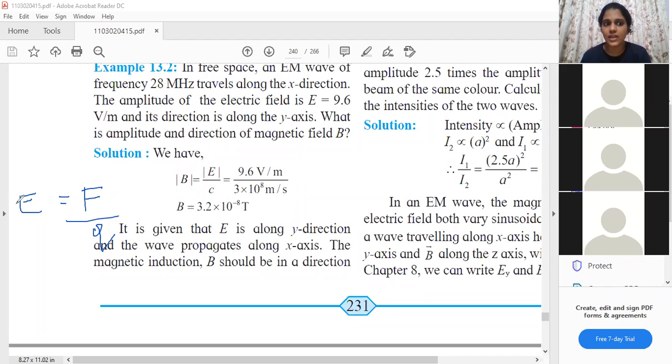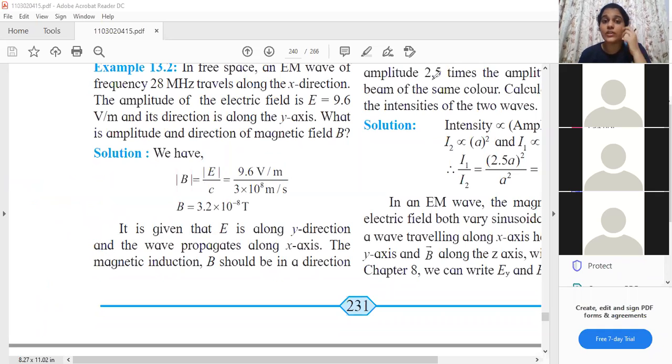So E vector is equal to F vector upon Q. Here the formula is not needed that much. The unit that we obtain over here is volt per meter. So I can simply write down the formula for E, and the unit that is volt per meter.